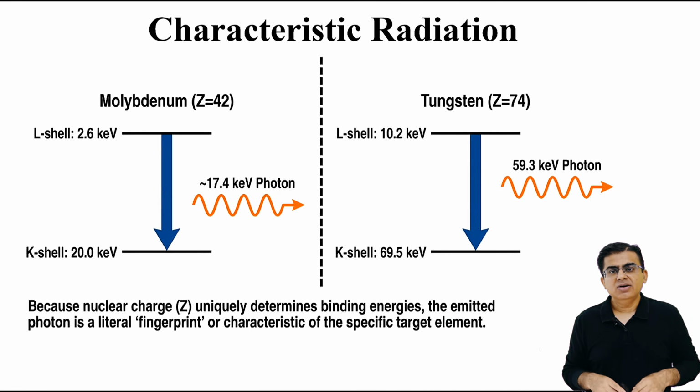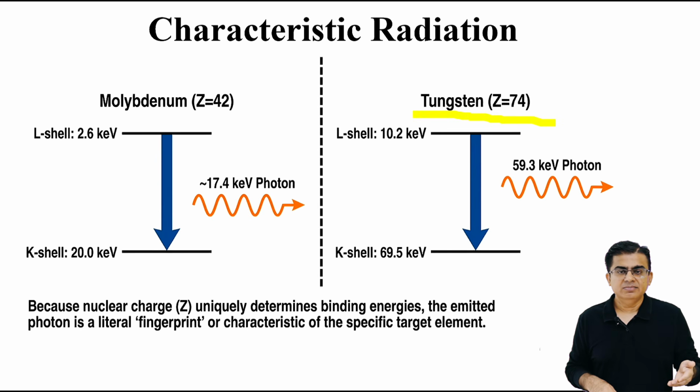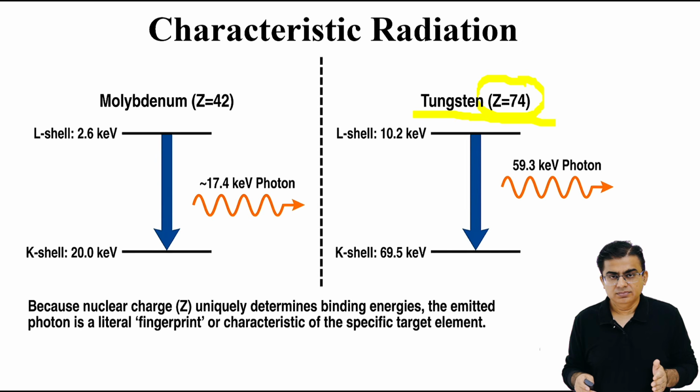Why do we actually call this characteristic radiation? Let me explain this with a simple comparison on your screen. On the right side, you see our familiar tungsten atom. It has an atomic number of exactly 74. When an electron drops from the L shell to the K shell here, it releases a photon.